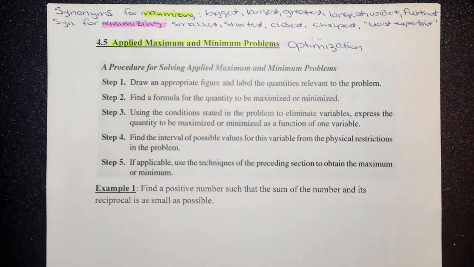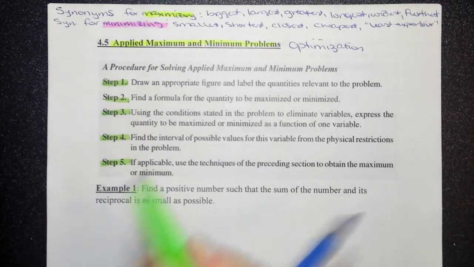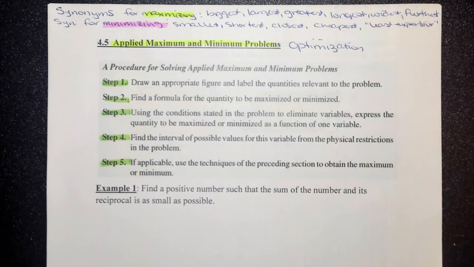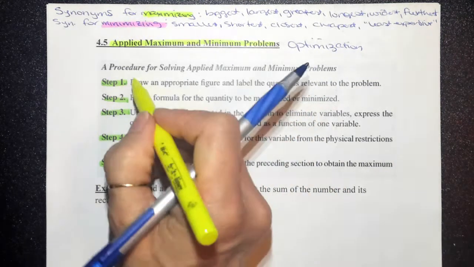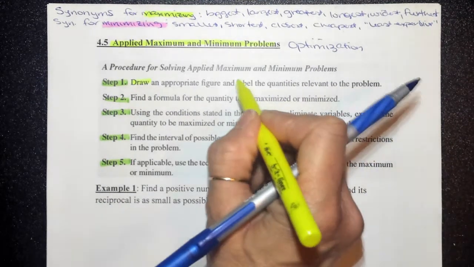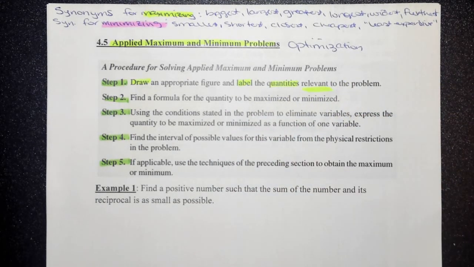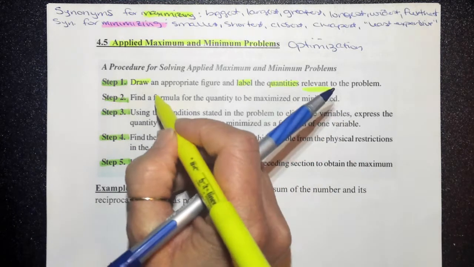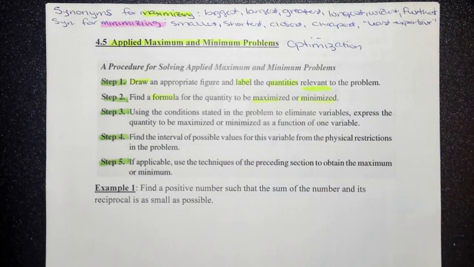So, some procedures for solving the applied min and max problems. We have a series of steps. You won't always use every single one, but you might want to make a checklist for yourself. What you want to do is potentially draw or sketch an appropriate figure and label the quantities that are relevant to the problem, because sometimes you can have miscellaneous information. Then identify the appropriate formula for the quantity to be maximized or minimized.